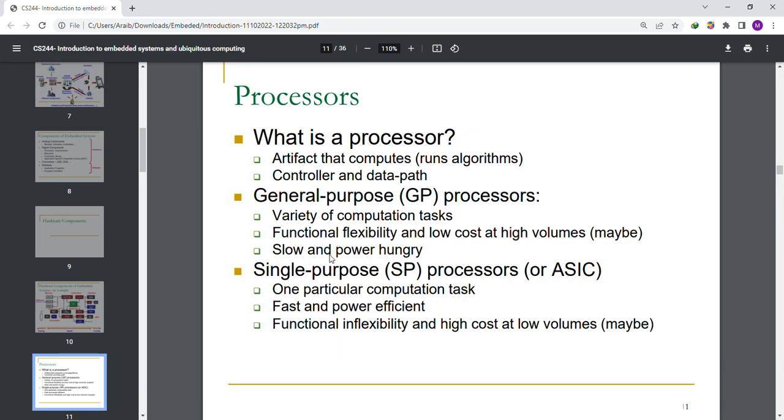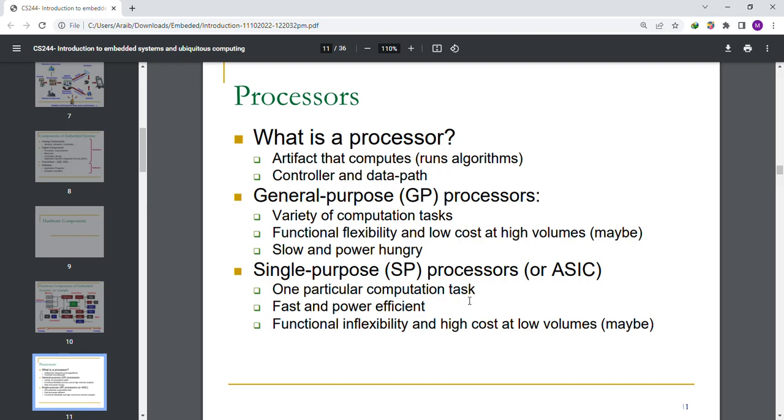Processor. What is a processor? A processor is basically a controller and data path. It runs an algorithm. After that, the general purpose processor, which we can also call GPP. Variety of computation tasks, functionality, flexibility, and low cost at high volumes. Slow and power hungry.